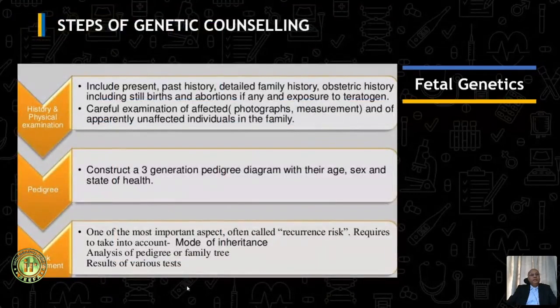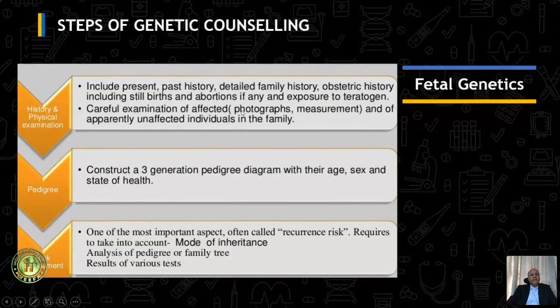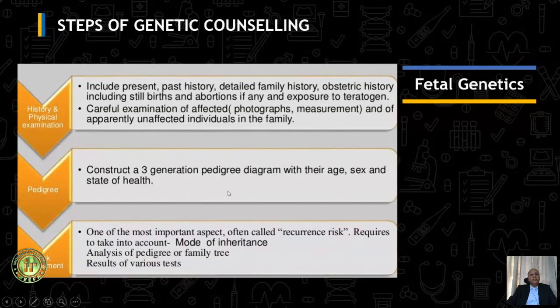When you do genetic counseling, we need to take history of the patient, past history, family history, obstetric history. Carefully do physical examination of the couple or of the affected individuals. We need to construct a pedigree chart with at least 3 generations with sex, age, and state of health.